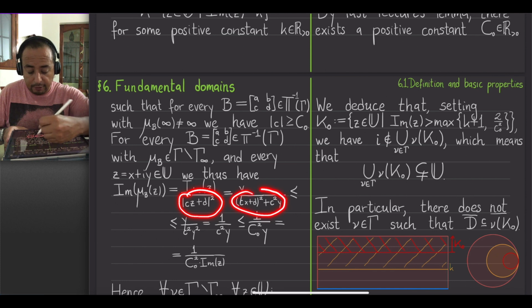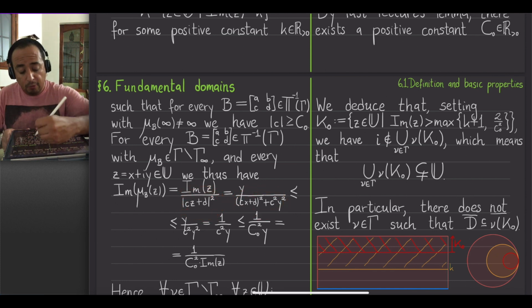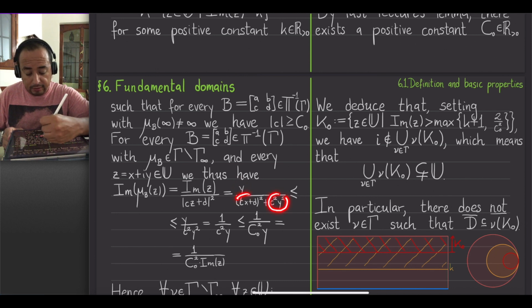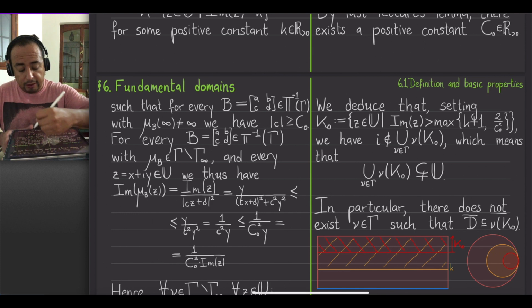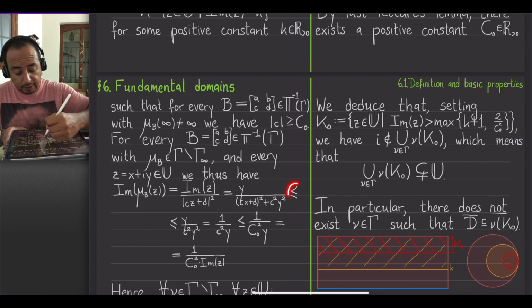Now y is positive, and when we add to this positive number a non-negative number, we can only increase, but then when we take multiplicative inverses, we can only decrease. So I have this less than or equal to this, where here I'm no longer writing this one.